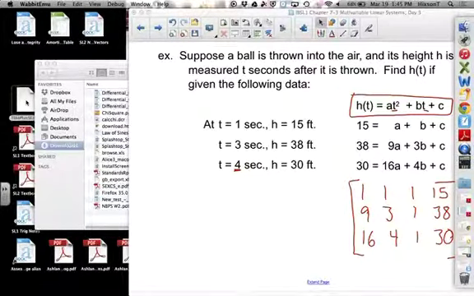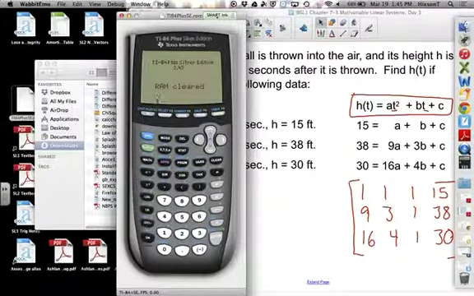I've got our calculator here, and second matrix, if you go over to A, we're going to put in a 3 by 4 matrix. 1, 1, 1, 15, 9, 3, 1, 38, 16, 4, 1, and 30.